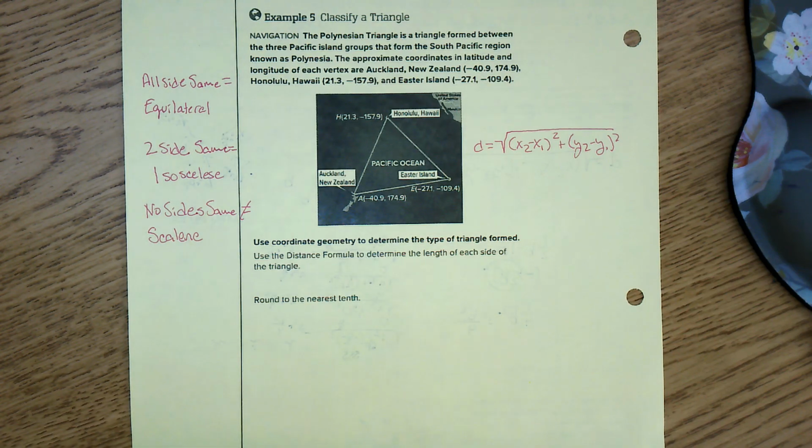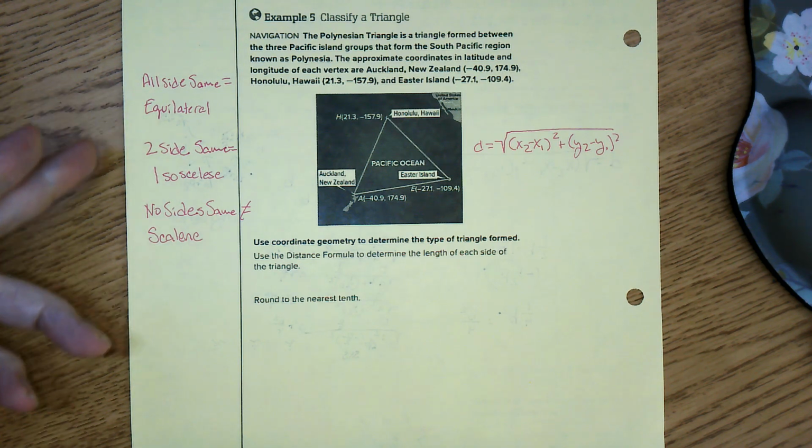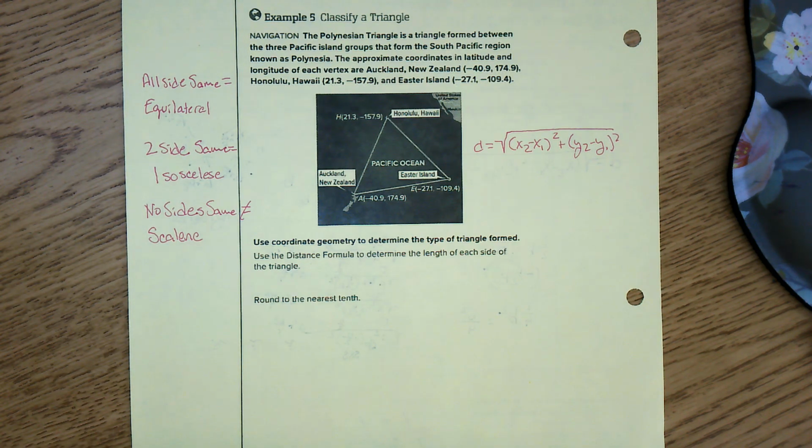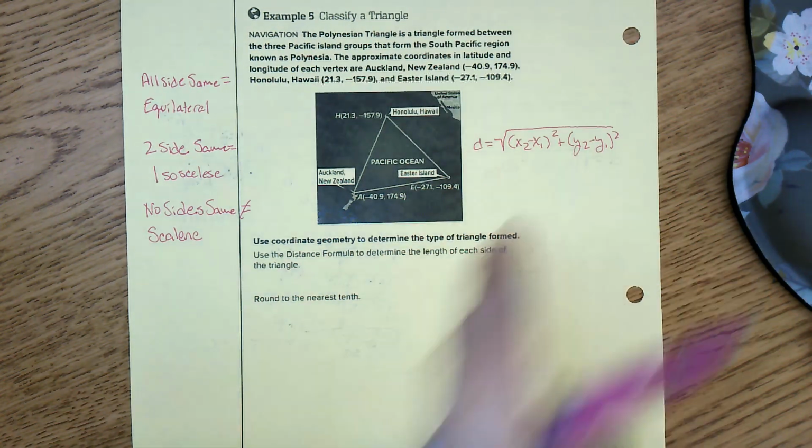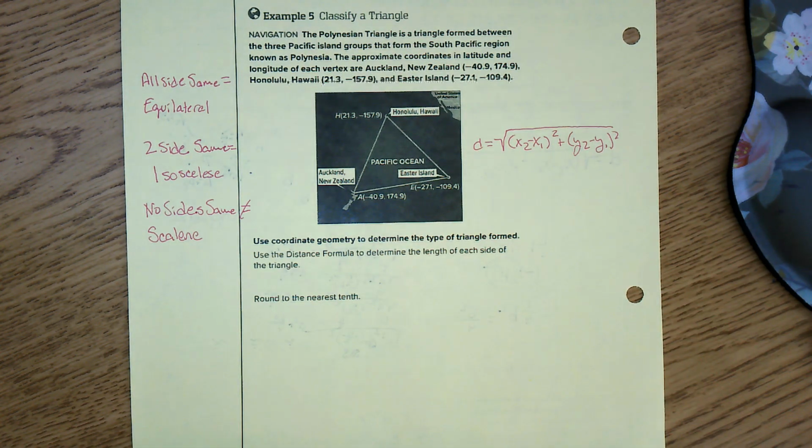Visually looking at this triangle, it's hard to tell. The state EOC is going to give you stuff out of the context of our notes, not in isolation. Everything's going to be all mixed in, and you have to be able to determine which type of triangle it is, using your ever-loving distance formula.